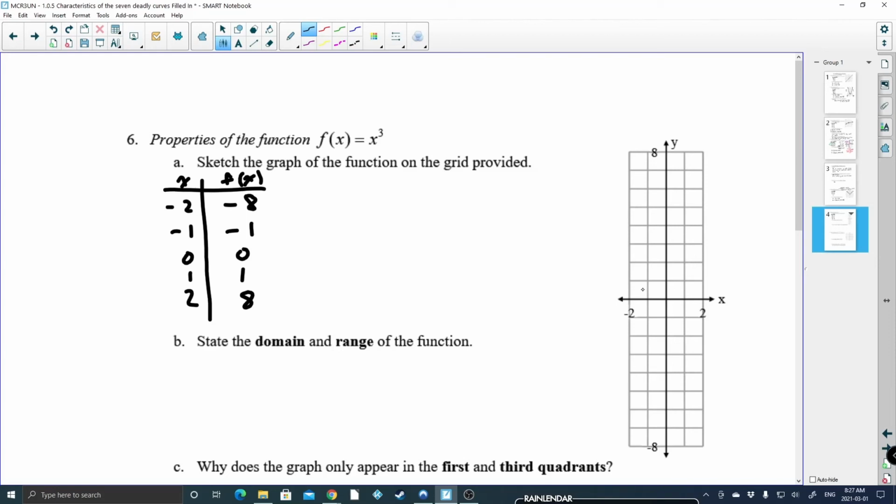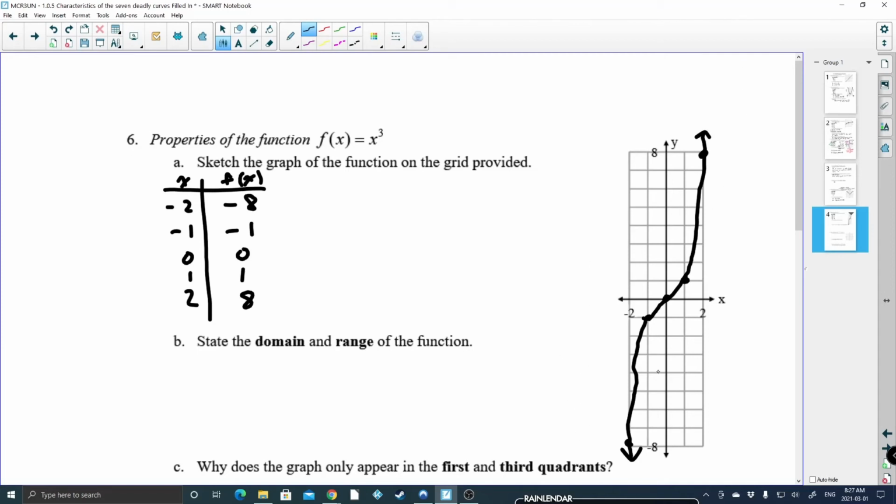So what does the graph look like? Well, it does have a point at 0, 0, and then 1, 1, 2, 8, and then -1, -1, -2, -8, and you get this kind of stretched out S shape. Again, forgive me, it's very difficult to draw these on my tablet. And if you went to x equals 3, 3 cubed would be 27, and -27 on the -3 value.